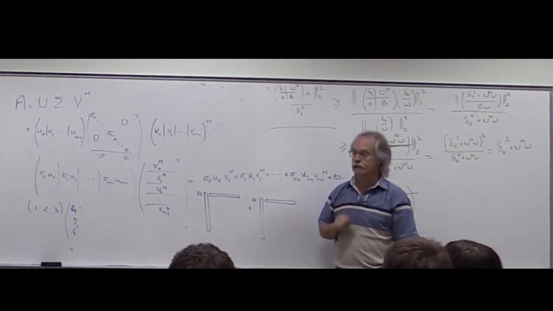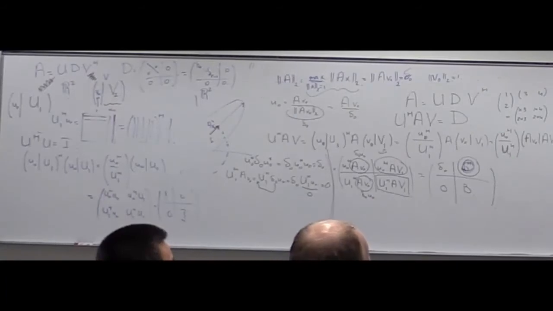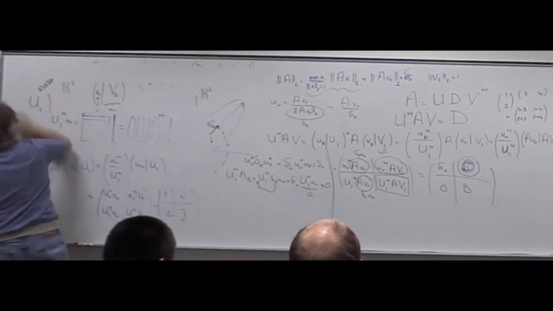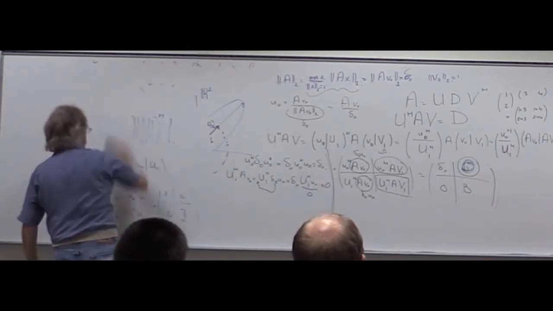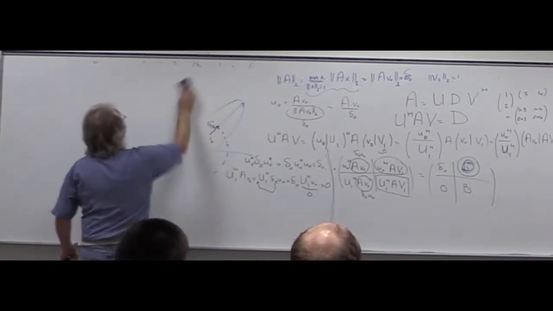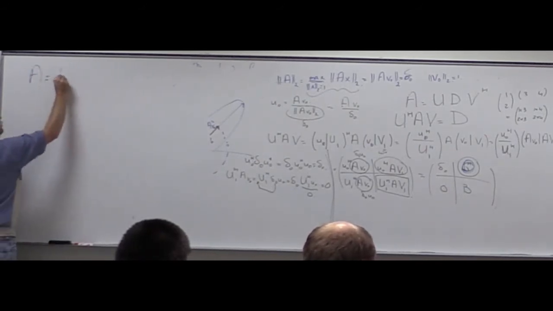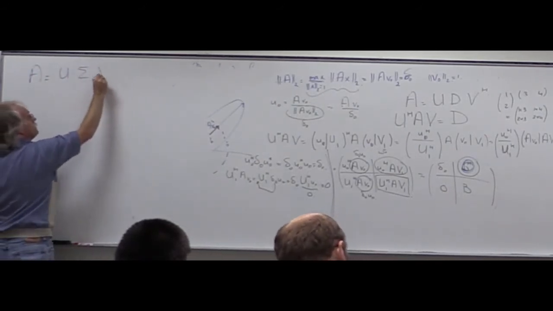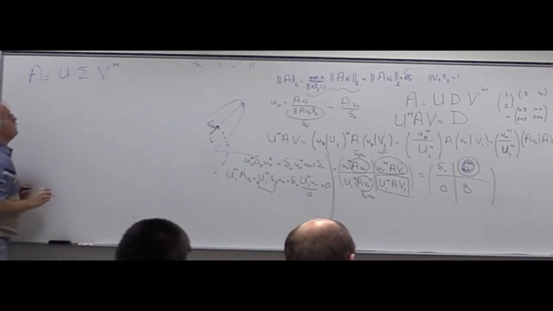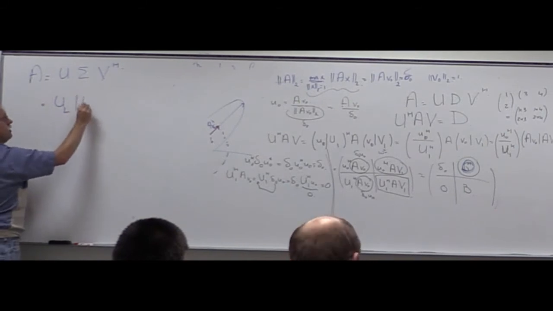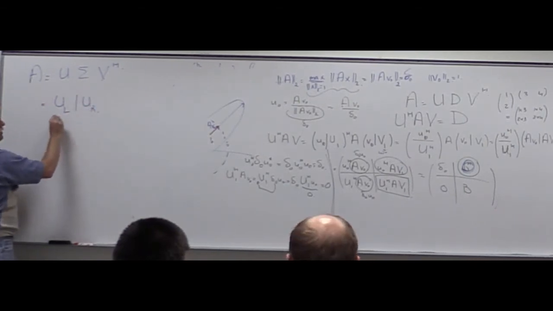Another way of expressing that using our blocked notation is to say that A is equal to U times sigma times V Hermitian transpose. You can take your U and partition it into a left part and a right part, where these are the first r columns.